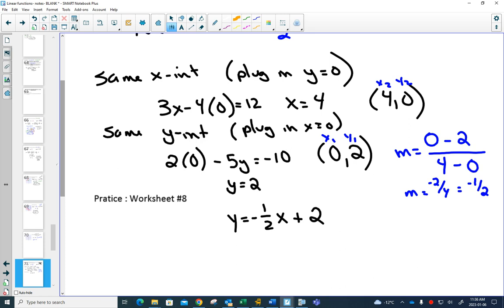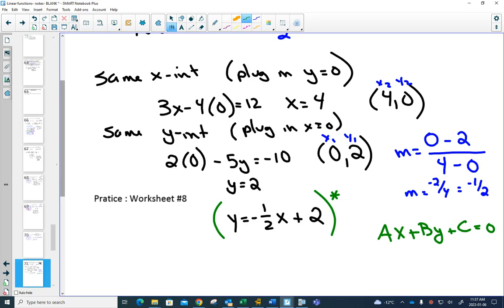But it asks for general form, and general form is ax plus by plus c equals 0. Two things: no fractions, and a has to be positive. Do we have fractions? Yes. How would we get rid of the fractions in this equation?